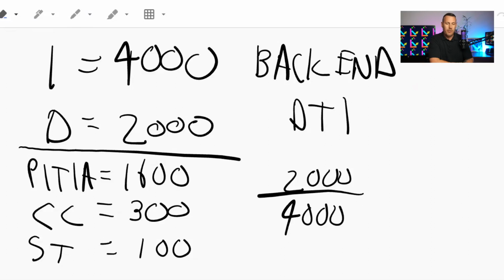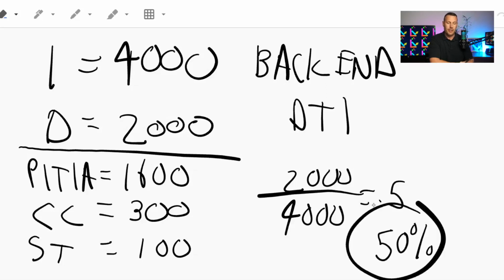And of course, again, we get 0.5, which is equivalent to 50%. This is a 50% debt to income ratio. Now, a back-end ratio of 50% is, again, pretty high. Many lenders want your debt to income ratio to be lower than 50%. However, that doesn't necessarily stop you from getting a loan.